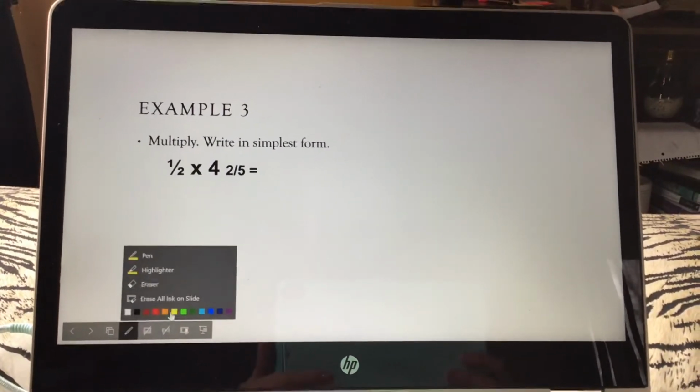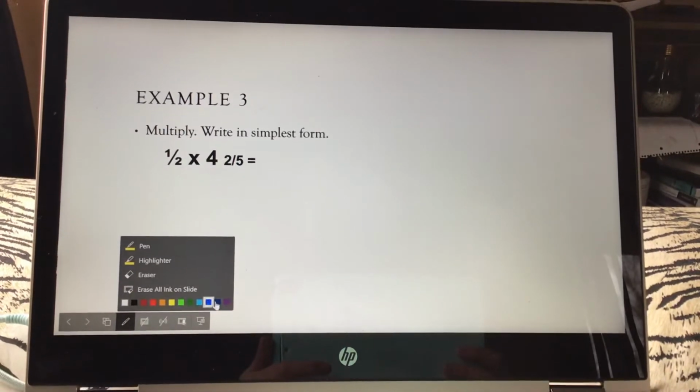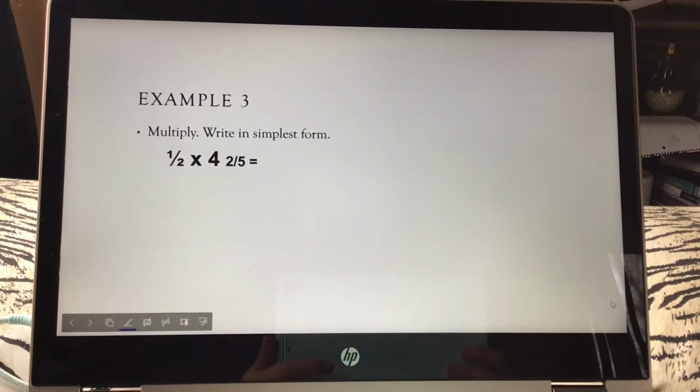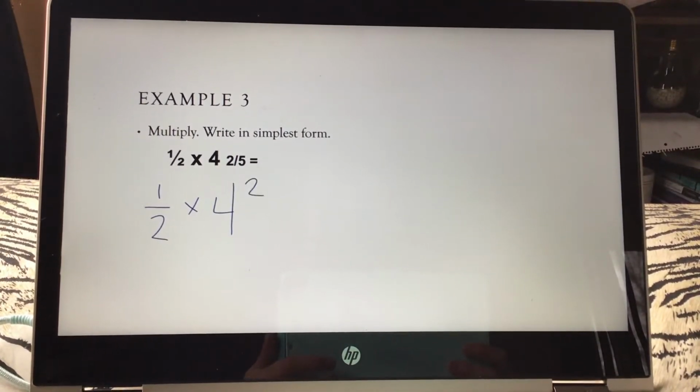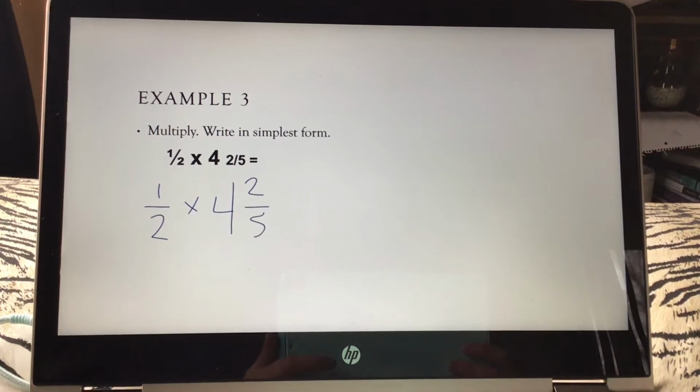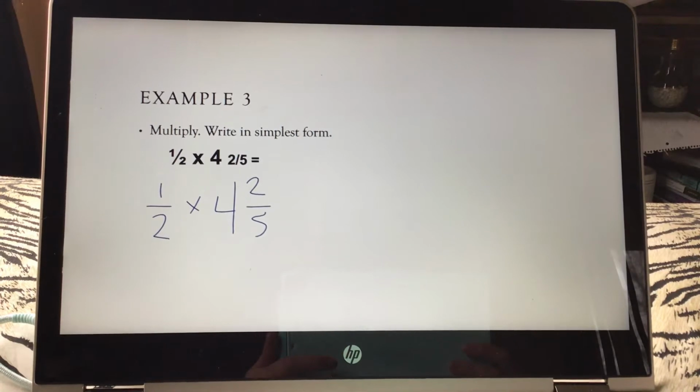Here's our first one. If you want to pause it and do it by yourself, you're more than welcome. Let's rewrite: 1/2 times 4 and 2/5. First things first, let's change our mixed number into an improper fraction.